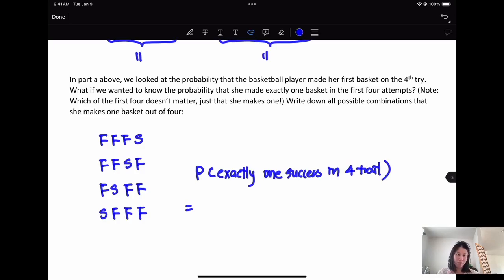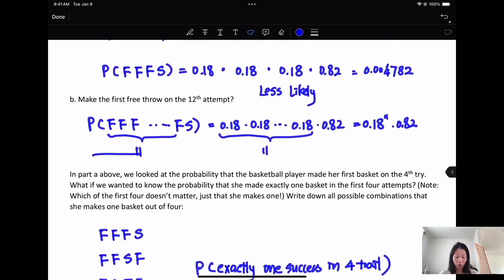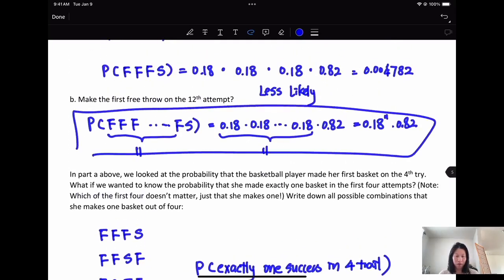This is still easy because you're making only 4 trials. But think about making 12 attempts with 2 successes. Think about how many different scenarios we would need to consider. Now we might need to use some technology to help us calculate the results, and we will talk about that in our next videos.